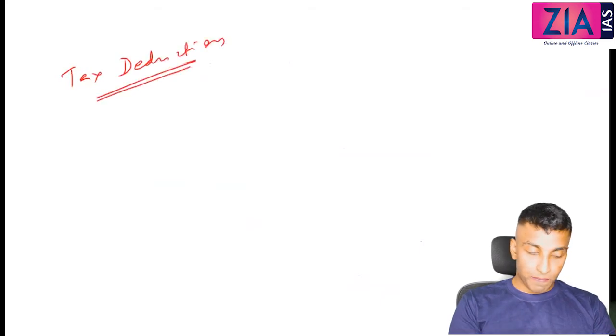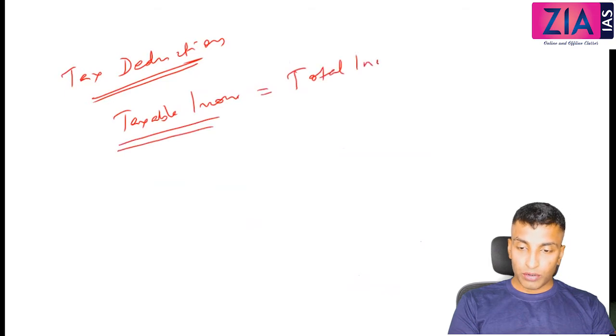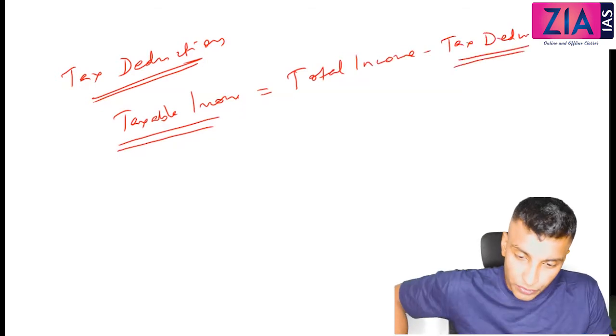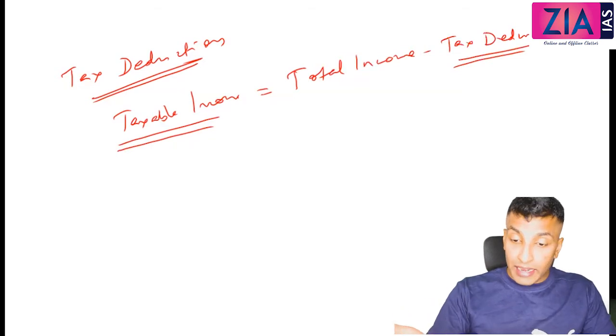Tax deduction. So tax deduction is related to your taxable income. Here your taxable income will be equal to total income minus tax deduction. This tax deduction can come in the form of certain loans like educational loan, or investment linked deductions.